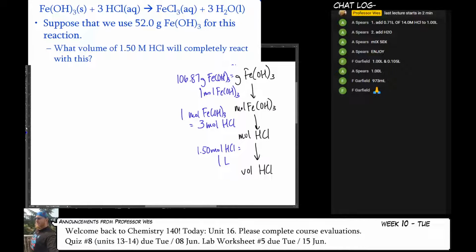And let's do the calculation. So 52 grams of iron 3 hydroxide. Fe(OH)3 grams turns into moles Fe(OH)3. Oops, I forgot my parentheses there.